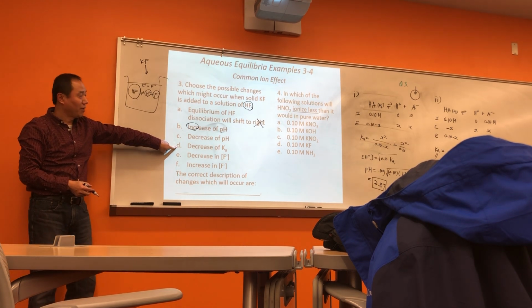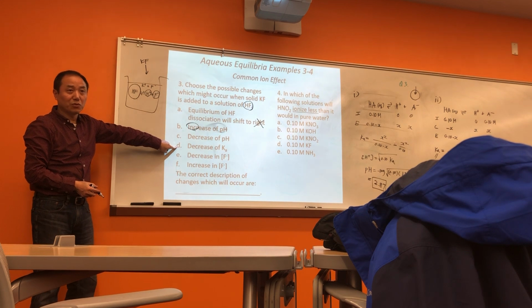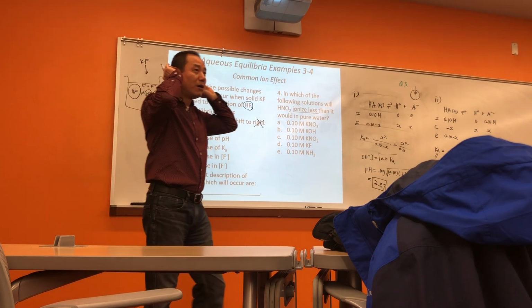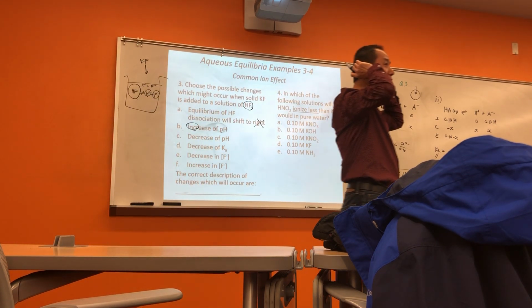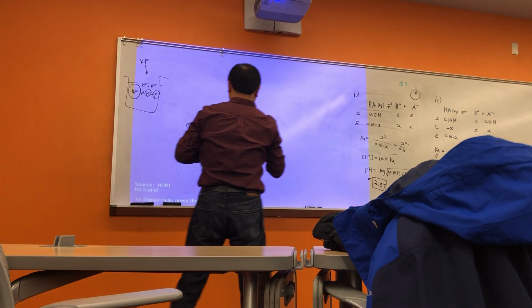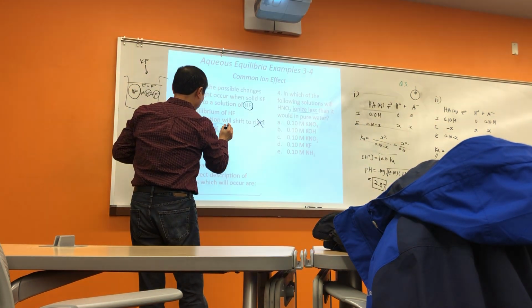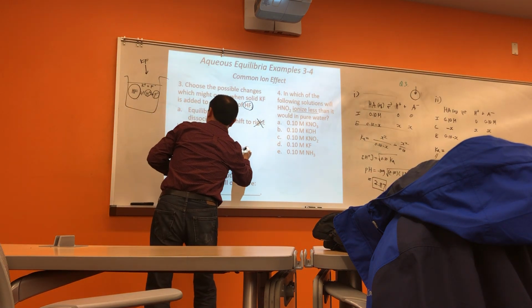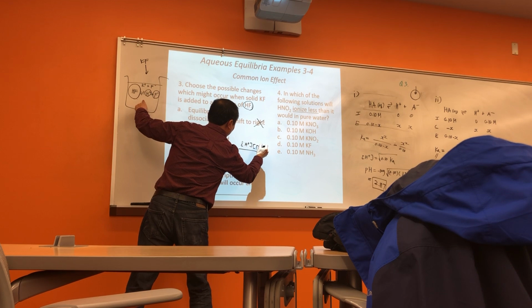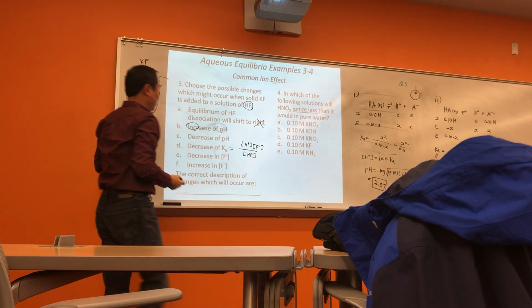Does it decrease the Ka value because there's less dissociation? I figured it increases because the denominator is smaller. The expression for Ka is H product over reactant.